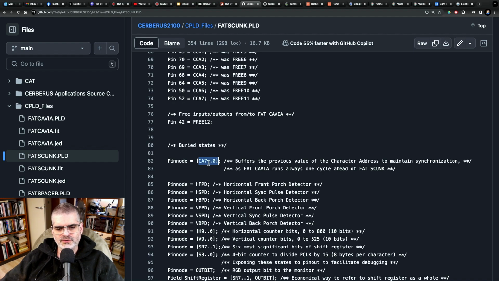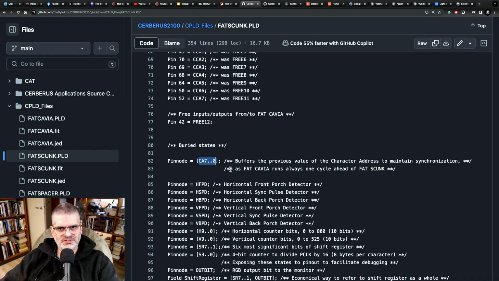The reason for that is that we need to overlap this function in order to give the two memories the required access time. So as soon as Skunk latches the output of character memory, it tells Kavia, okay, go to the next address, because I already latched that value. It is safe with me now. But if we need to know the character code that corresponds to what we just latched, we need to latch the character code as well, because the character code is going to be something else as soon as you clock Kavia.